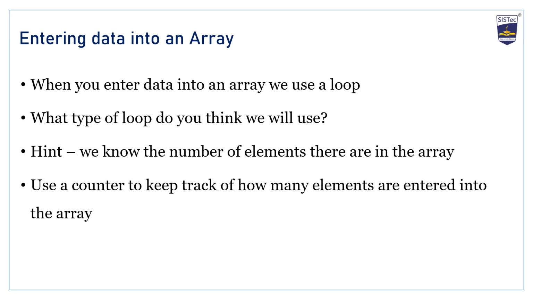Till that time we are trying to insert the element. And the third important thing is to keep track of the data, how much data we have already inserted. Every time the i value is incremented, so that's how we keep track of how many elements we have inserted till now. So these three things we have to keep our attention on, so that we can insert the data elements into the array.